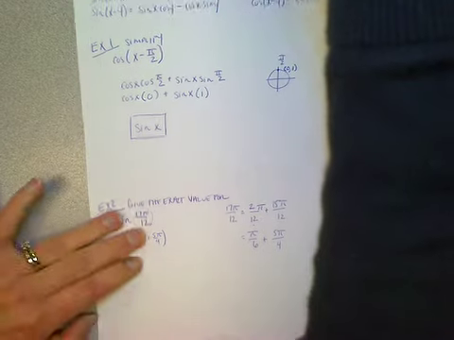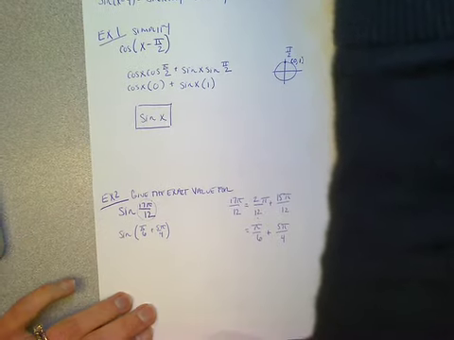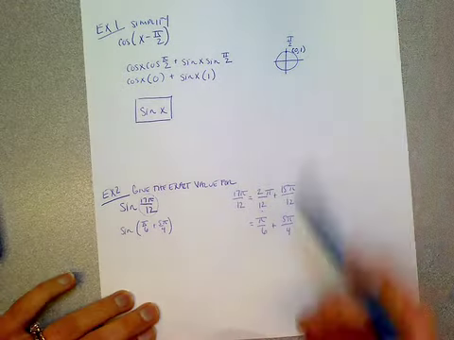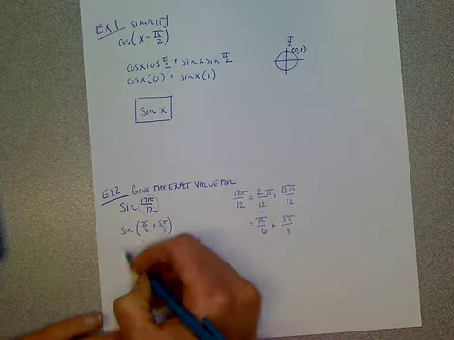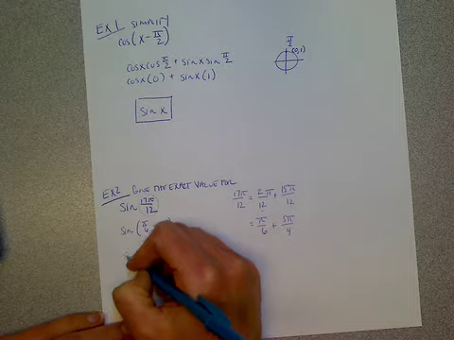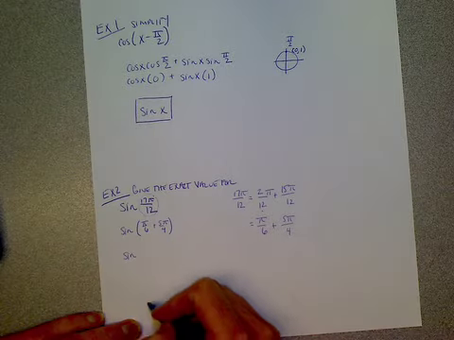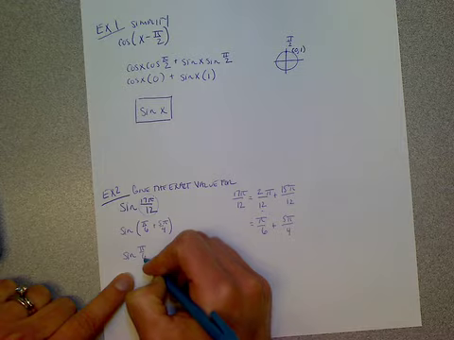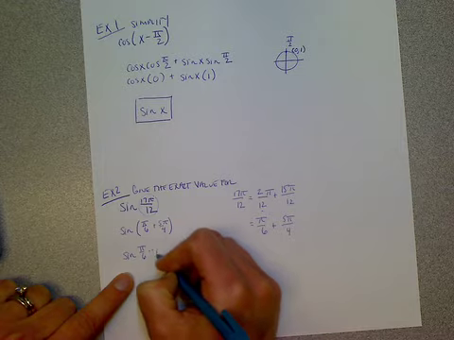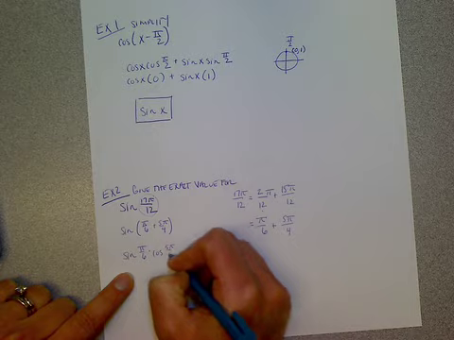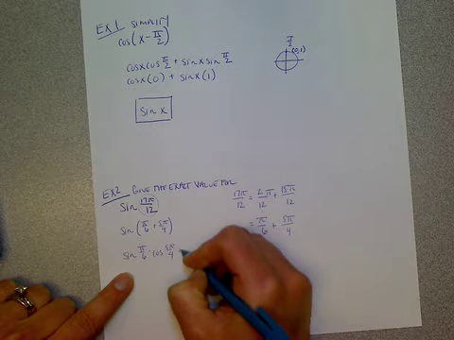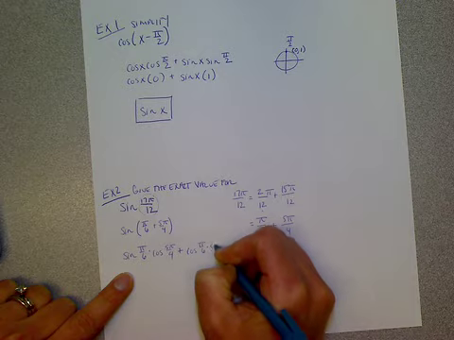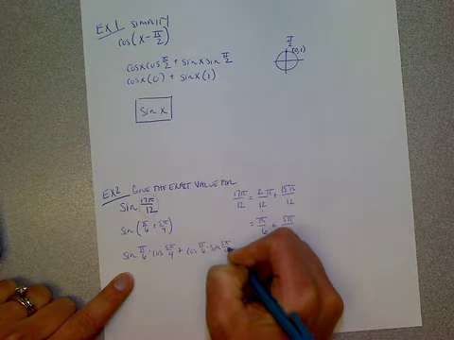So I'm going to provide you with those identities on the skill check and on the quest. However, while you're doing your homework, you might want to rewrite them at the top of the page just so you can reuse them. So again, it's the sine of pi over 6 times the cosine of 5 pi over 4 plus cosine of pi over 6 times sine of 5 pi over 4.